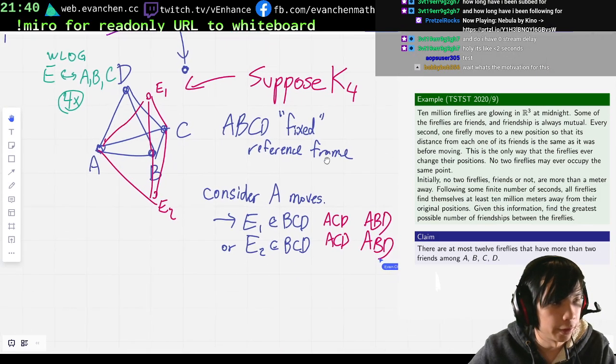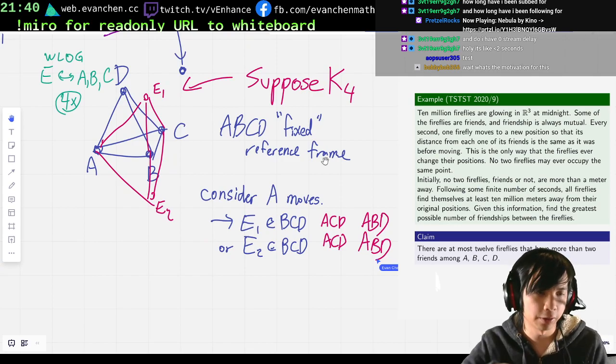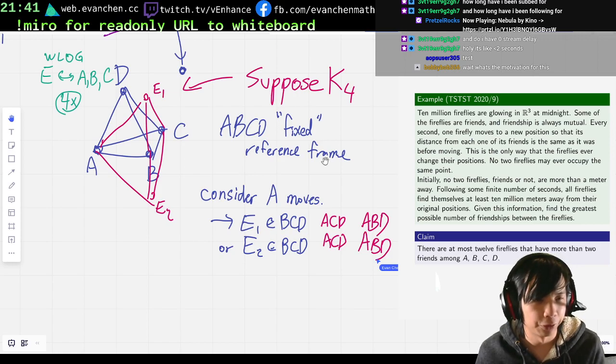What's the motivation for this? The tetrahedron is the big thing. If you have a tetrahedron, the shape of that tetrahedron never changes. It's sort of considered fixed. And the lemma is telling you about tetrahedrons that share a face. It tells you that doesn't happen too much.